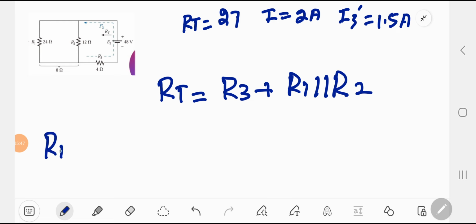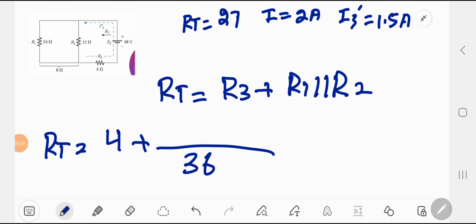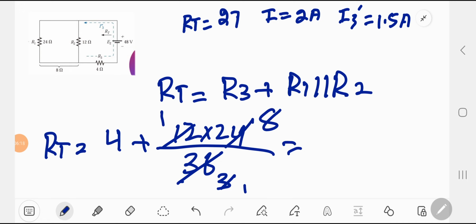Now if we put the values, R3 is 4, R1 plus R2 is 36, R1 cross R2, which is equal to 12 ohm.